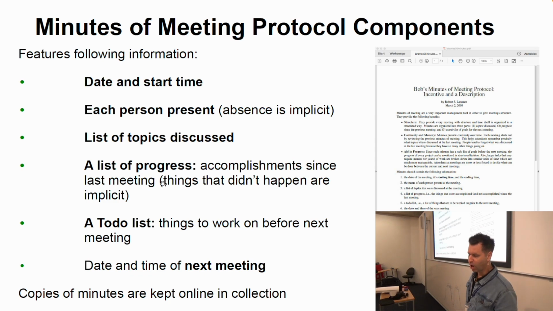There's a list of progress. That's the second section. So those are things that you did since the last meeting that have gotten you further along. That's your progress. And then a to-do list, the things to work on before the next meeting, and then the date and time of the next meeting. That's all encapsulated in this minutes of meeting protocol.